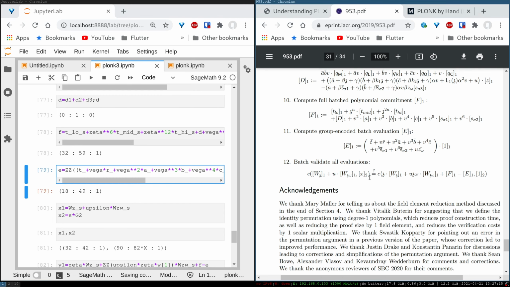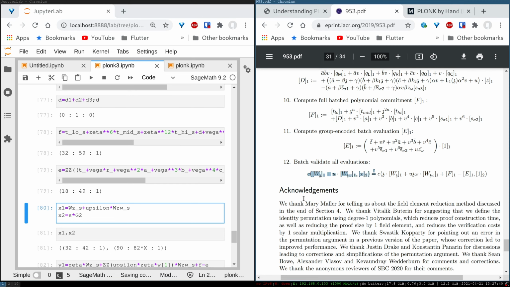By the way, it's evaluated at S, and then X2 is our S times G2. So same thing, but it's our second group.